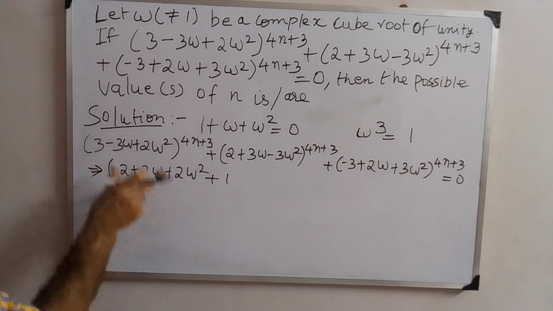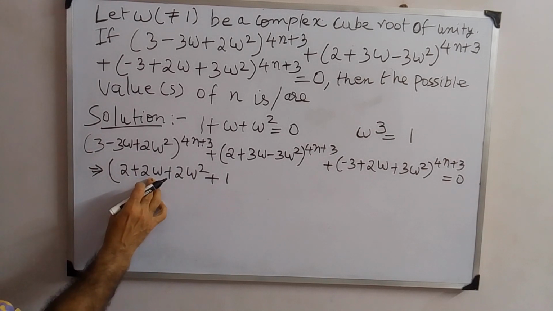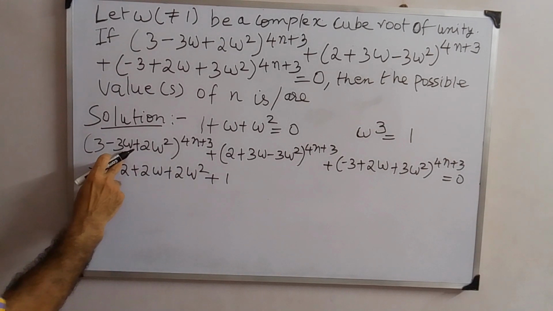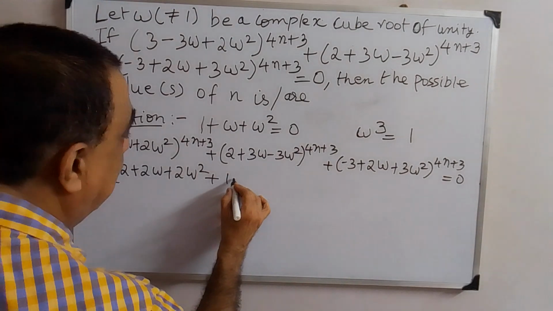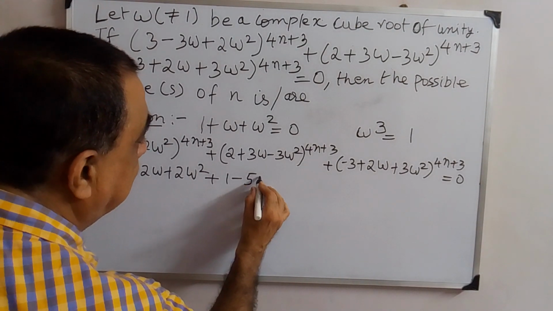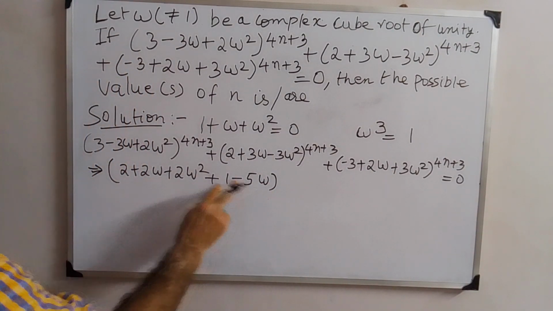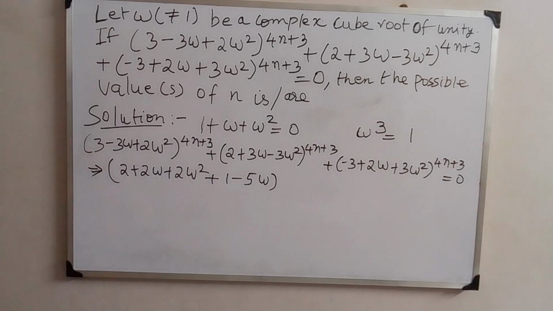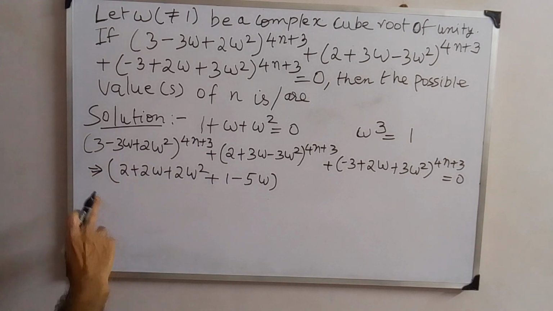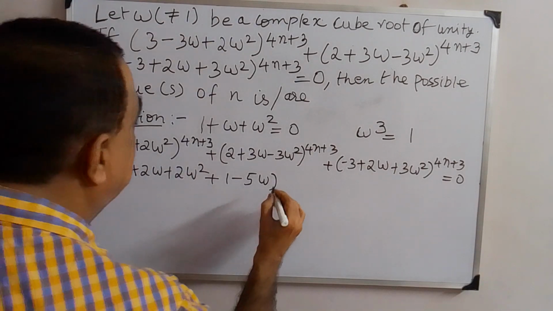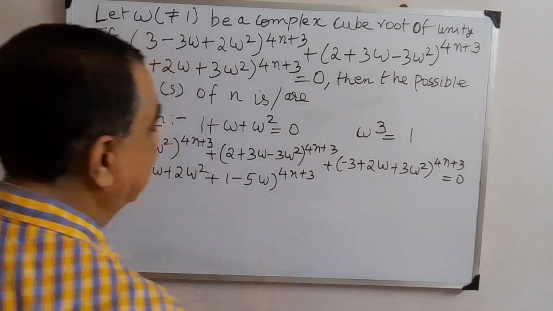I have to make them equal. Here I have written 2 omega, but in the problem it is minus 3 omega, so I have to write minus 5 omega, because 2 omega minus 5 omega gives minus 3 omega. And 2 omega squared I have written as 2 omega squared, so this and this are equal, whole to the power 4n+3.